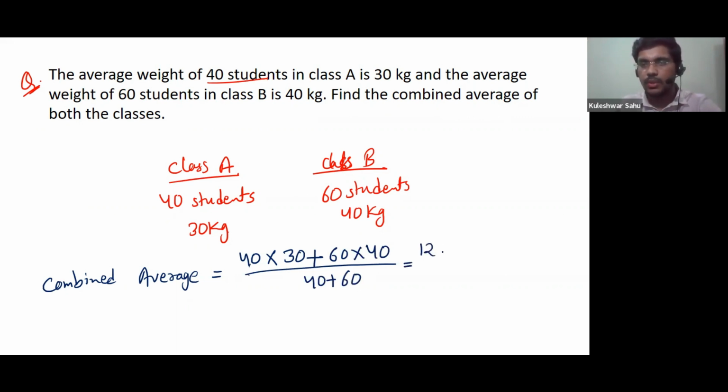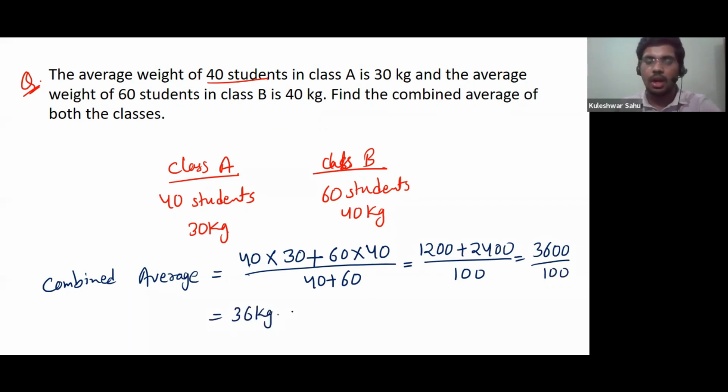So this will be equal to 1200 plus 2400 divided by 100. 1200 plus 2400, 3600 divided by 100, which is equal to 36 kg. So the combined weight of both the classes put together is 36 kg.